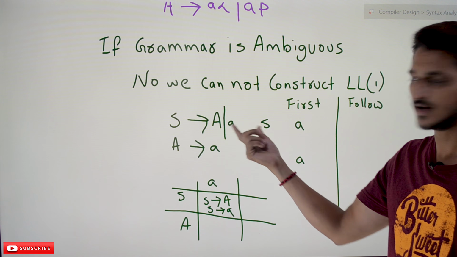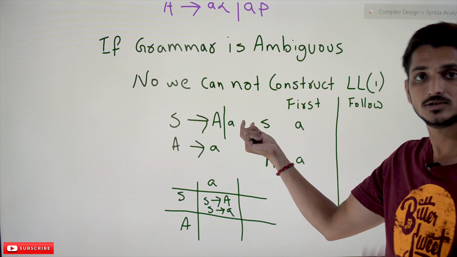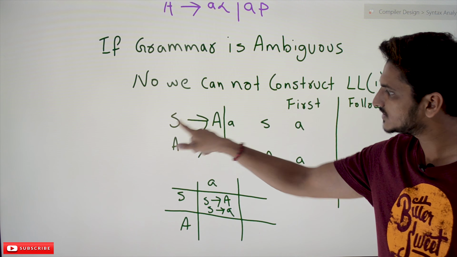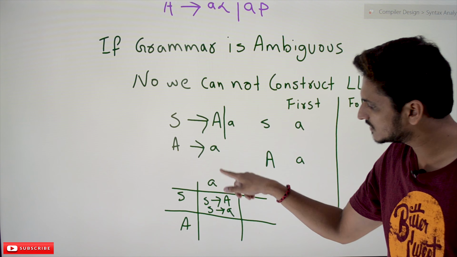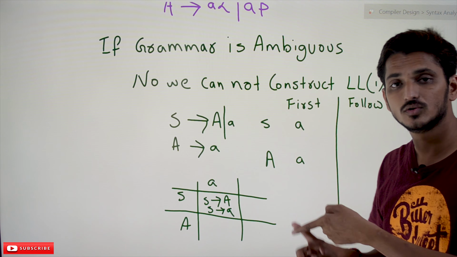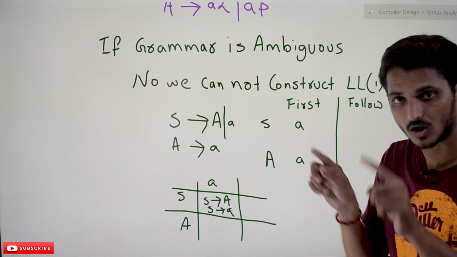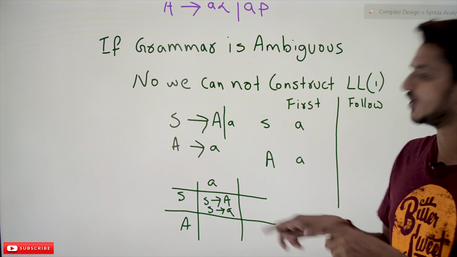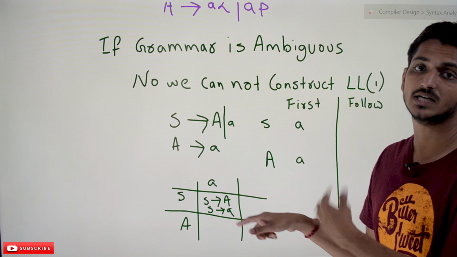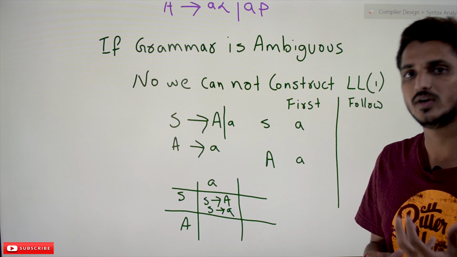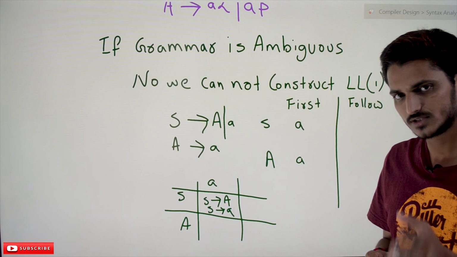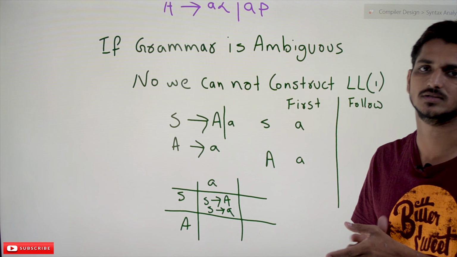What is first of small a? Small a. So S tends to small a. This production goes to the table S, small a. Both are going to the same block. It is not accepted in an LL1 table. That's why we are not able to construct an LL1 table for context-free grammars that are ambiguous.